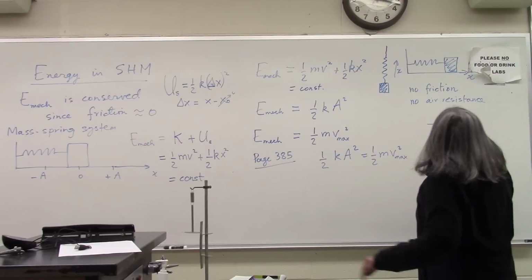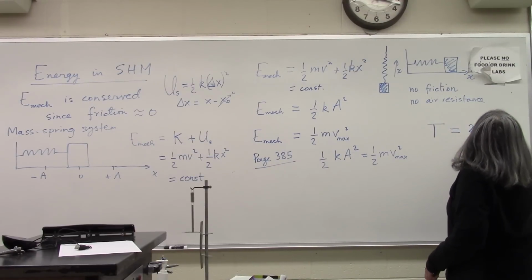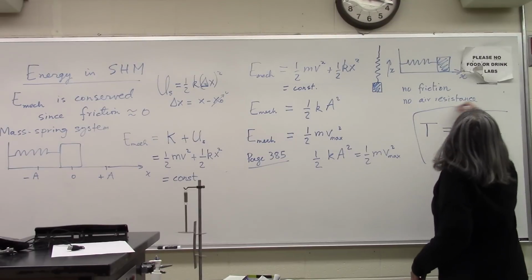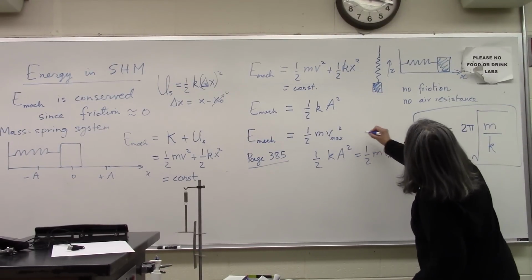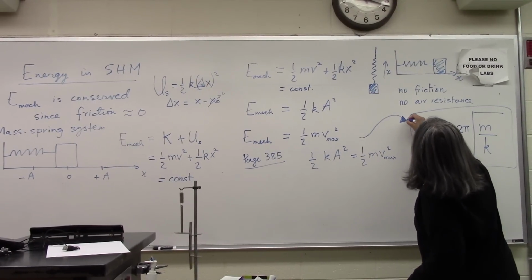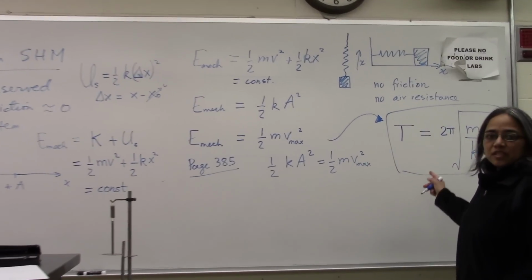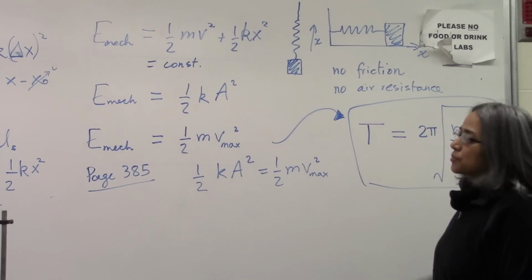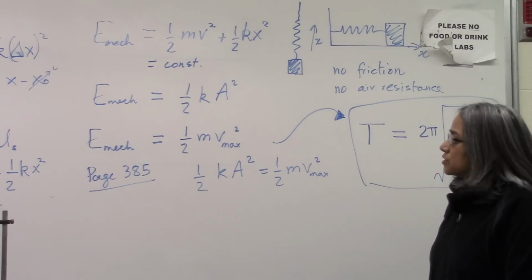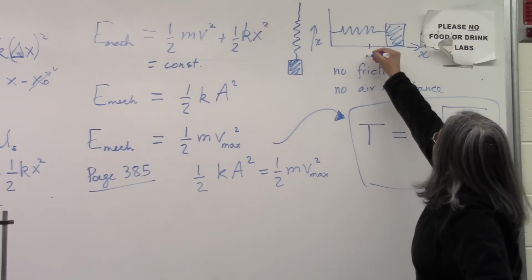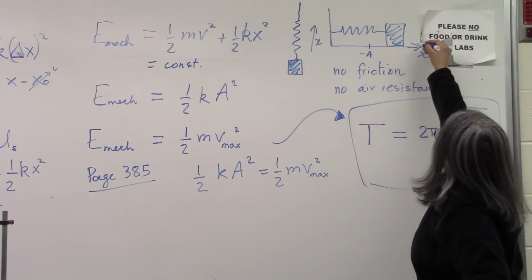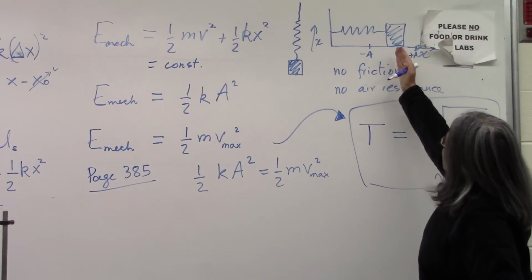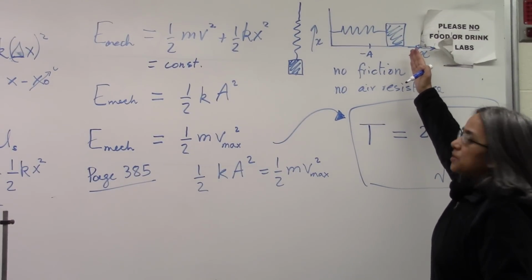The equation that we get looks like this. This is the final equation from going through this analysis to its logical point. What does this tell us? This is an equation about the period of oscillation of a mass spring system, vertical or horizontal. To remind you, the period is as follows. If this is minus A and somewhere here is plus A, the period is the time taken for one complete cycle.